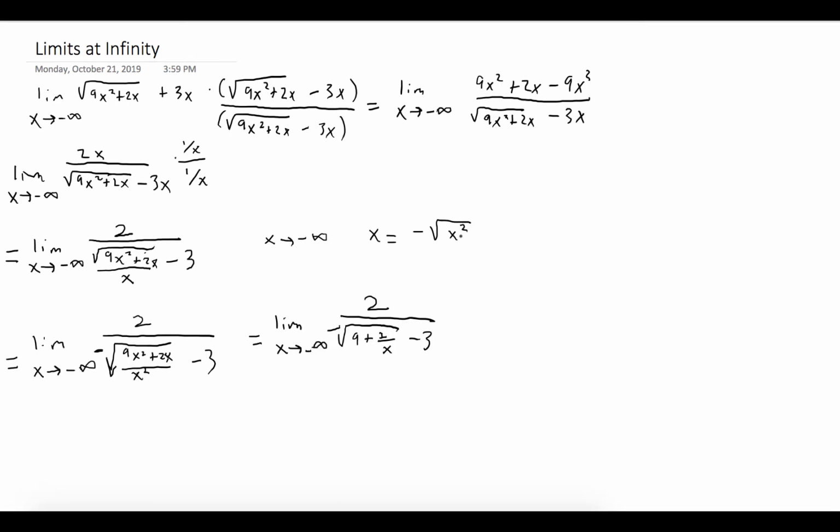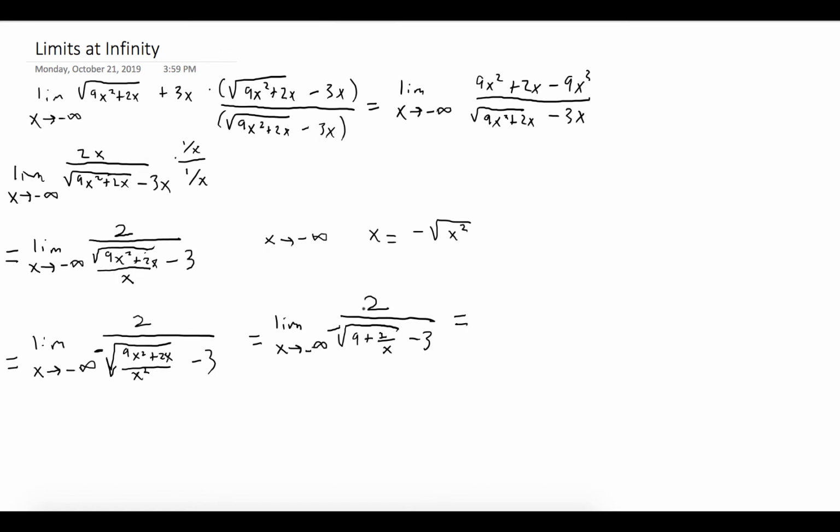Using this fact here, we replace x with negative square root of x squared, and our limit becomes the limit as x goes to negative infinity of 2 over negative square root of 9x squared plus 2x all over x squared minus 3. And now we could cancel out the terms. So we have negative the square root of 9 plus 2 over x minus 3.